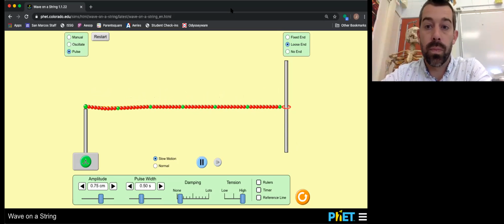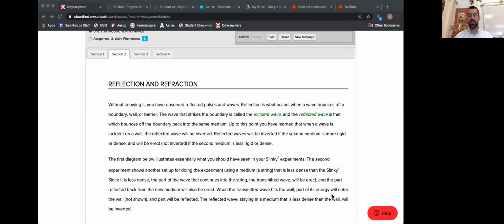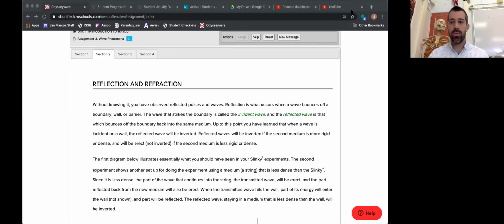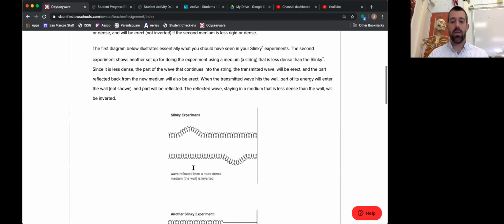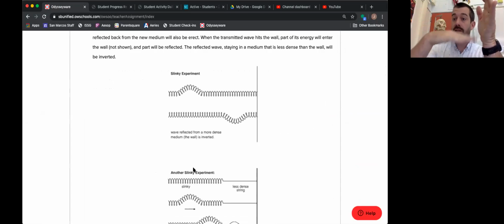What we're really going to be talking about in these questions and in the next step is a wave moving from one material into another. So the key here is that if the end is loose, then the reflection has no inversion. It was a crest and it stays a crest. If the end is solid, it's going to become a trough.